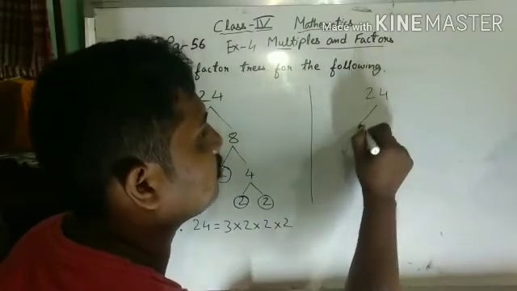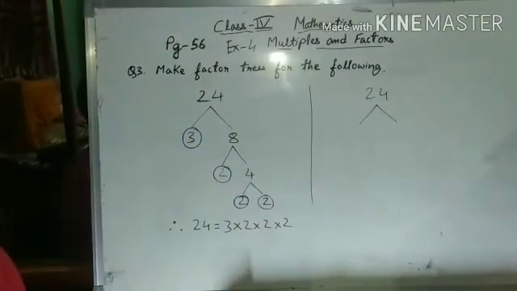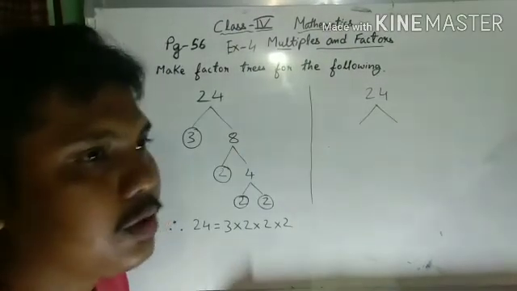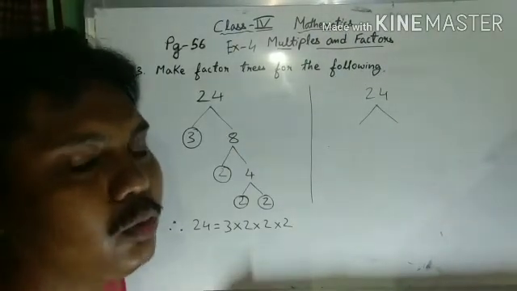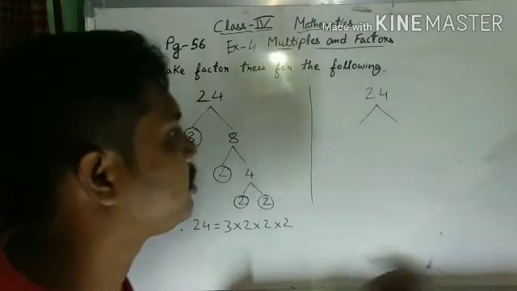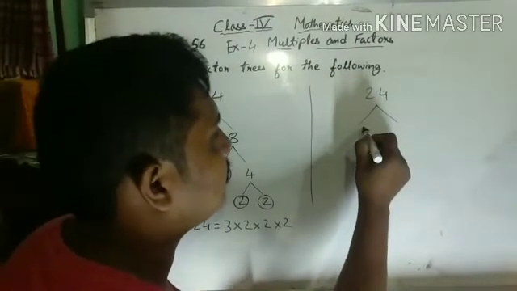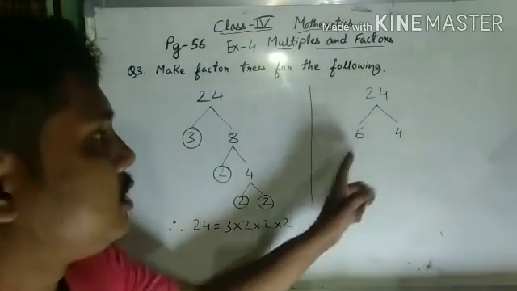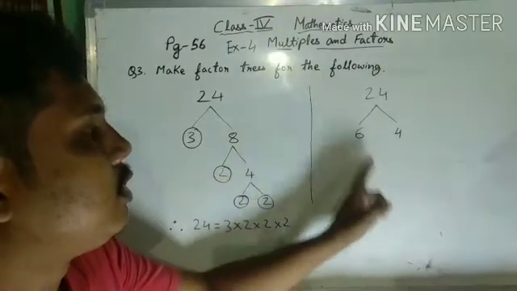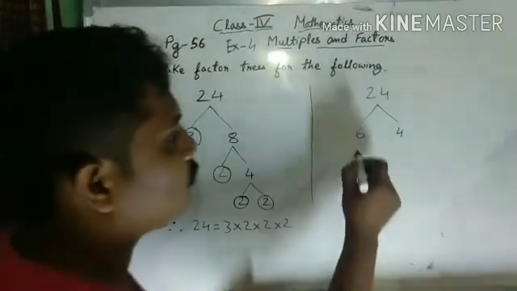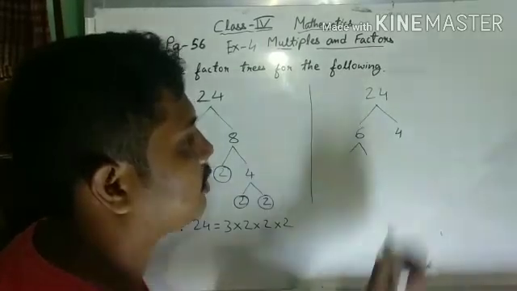For 24, I can write different numbers also, different from 3 and 8. We can write 6 fours are 24, 2 twelves are 24, 8 threes are 24, anything. This time I am writing 6 fours are 24. But 6 is not a prime, 4 is also not a prime. So we have to do this again, and this one also.